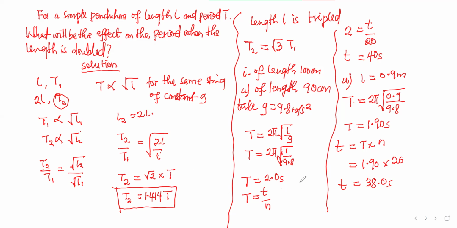For thread, we've just seen that the period is affected by the length. So as the length increases, the period must also increase. And as the length decreases, the period must also decrease.